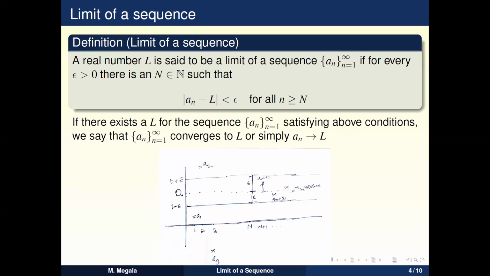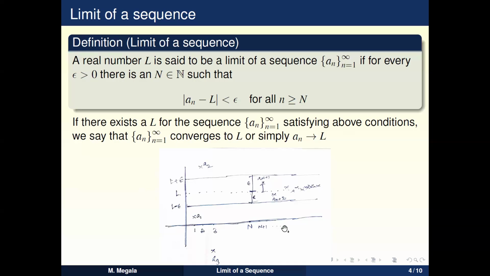Then only can I say L is a limit point, right? So if this is happening, then we can say it is a limit point. Also, one more thing: if for one fixed epsilon I get one n, then n plus 1 will also satisfy this inequality, because from n onwards all entries are inside this neighborhood.